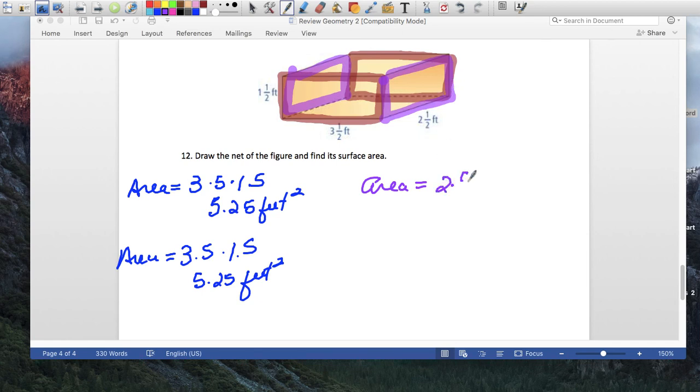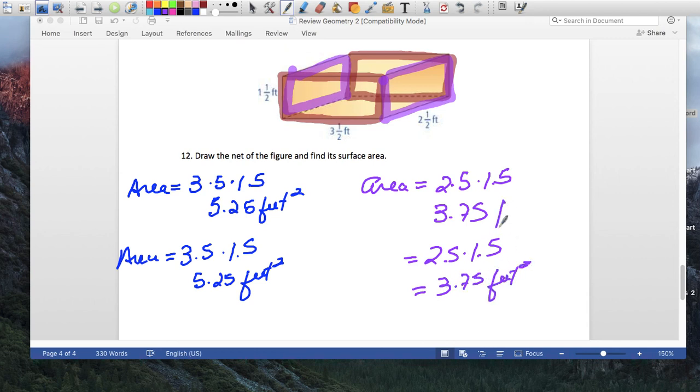So it's 2.5 times 1.5, which gives us 3.75. Repeat that, 2.5 times 1.5, and again it's 3.75 feet squared.